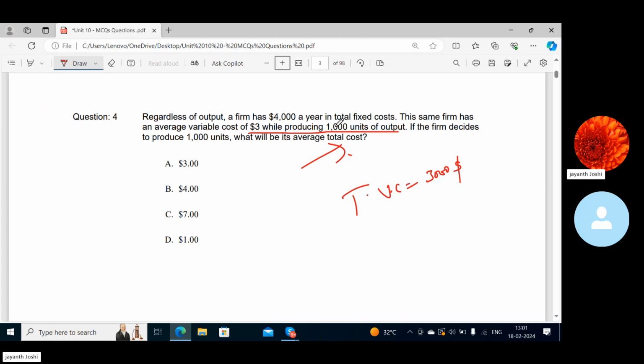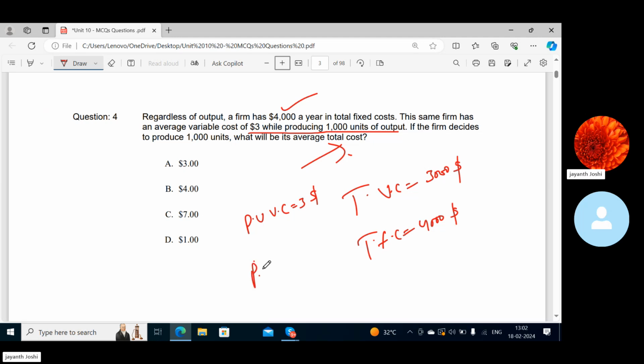And see, they have given us the $4,000 of total fixed cost. So total fixed cost is $4,000, and here the per unit variable cost is $3, because the answer is per unit wise.